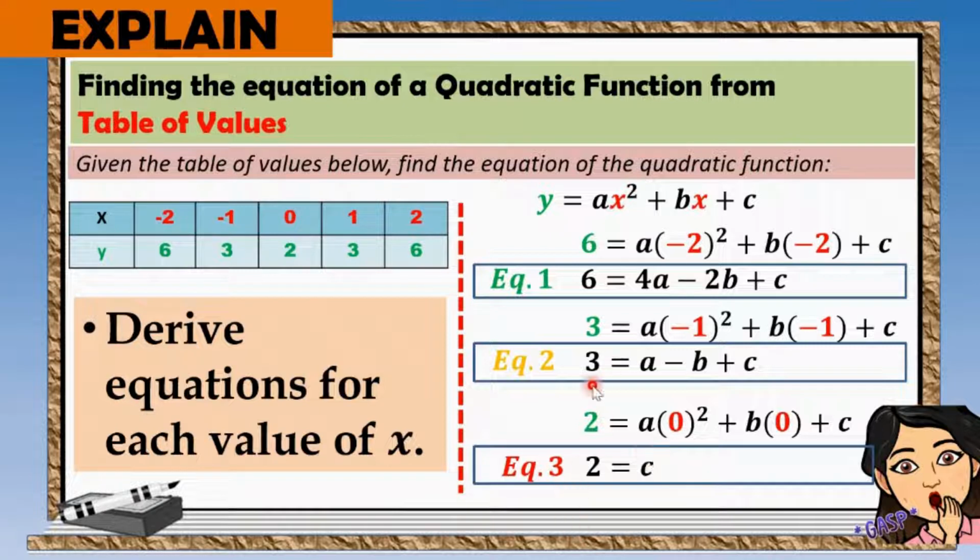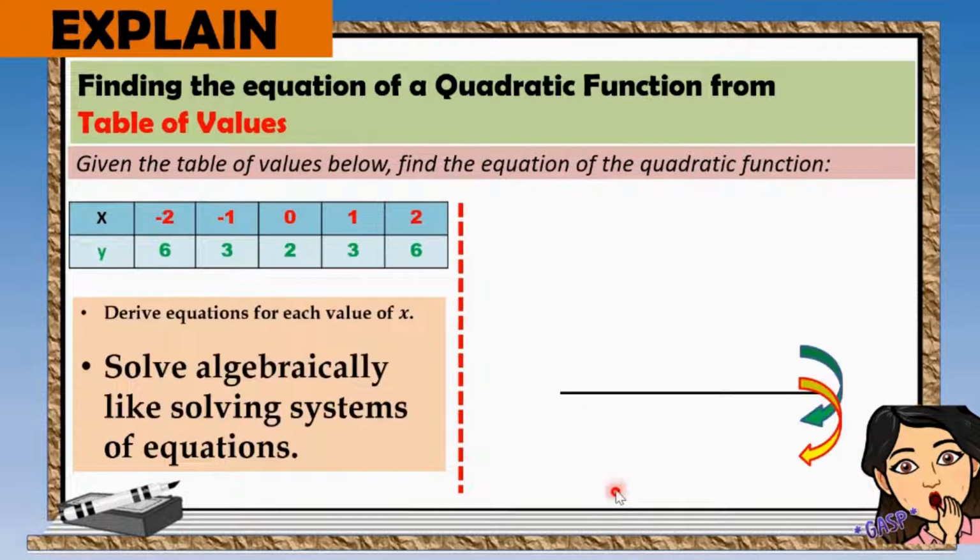So, what you are going to do is to get only equation 1 and equation 2 para mahanap yung value ng a and b. Okay? So, let's solve algebraically like solving systems of equations. That is our step 2.